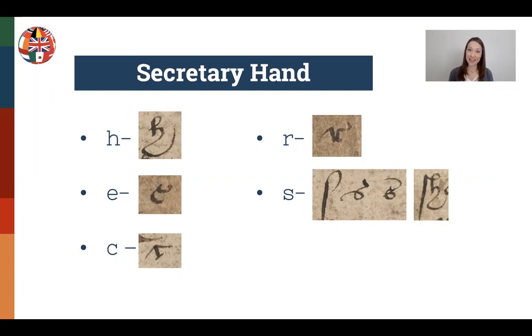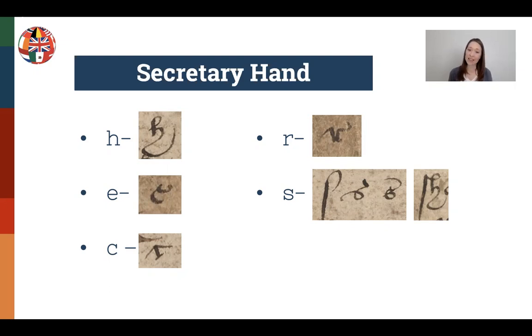A C is really tricky. It looks kind of like a T or a little R, and so that one can throw you quite a bit. The R looks like a W, and when you combine that with other letters, sometimes it looks like a U, sometimes it's just confusing. So that's a tough one.